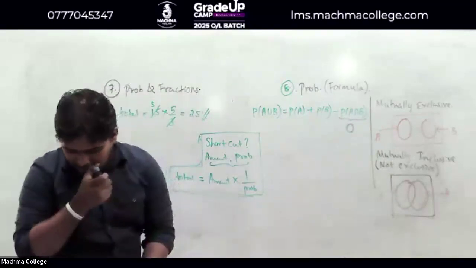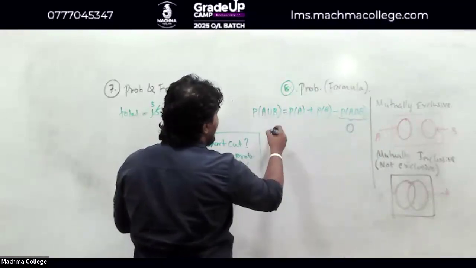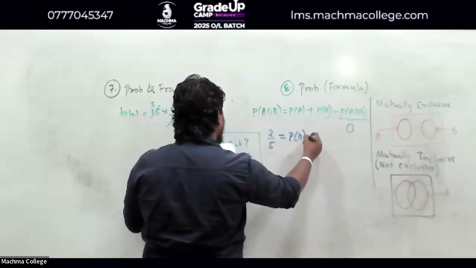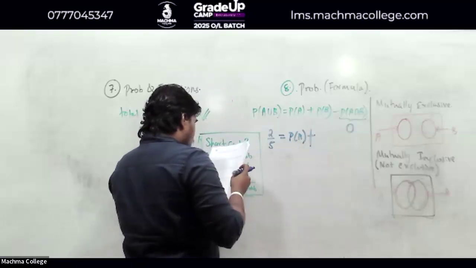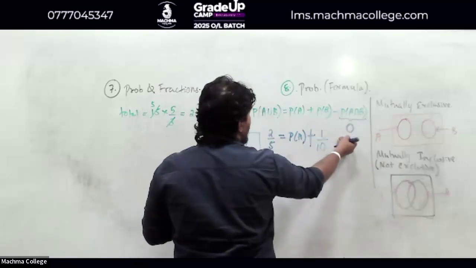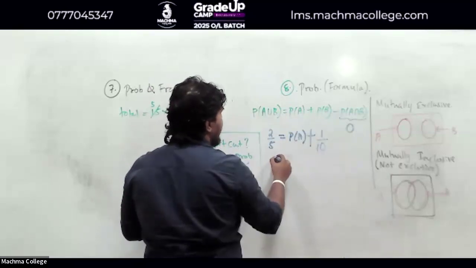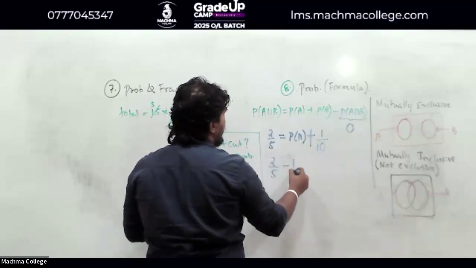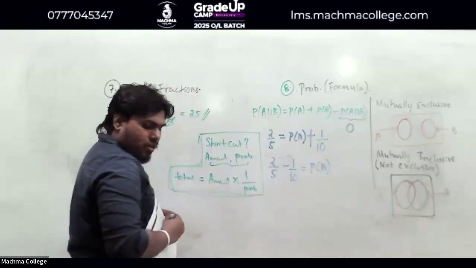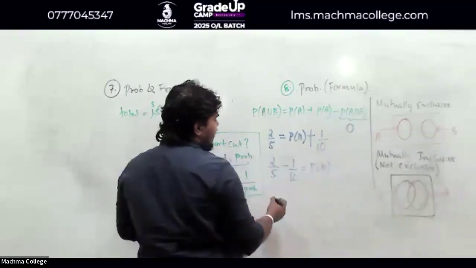Now they want us to find the P(A) value. P(A union B) is given as 2/5. This equals P(A), which is the one we have to calculate, plus P(B), which is 1/10, minus 0, no use putting it. So I'll take this 1/10 to the other side. 2/5 minus 1/10, which is P(A). Take a common denominator and simplify both.